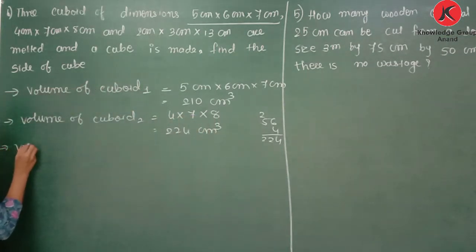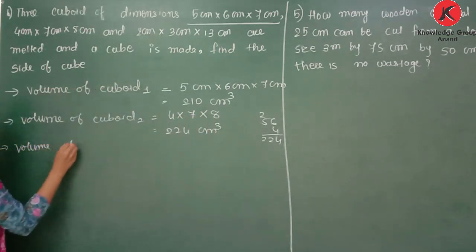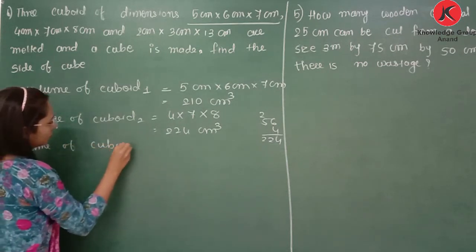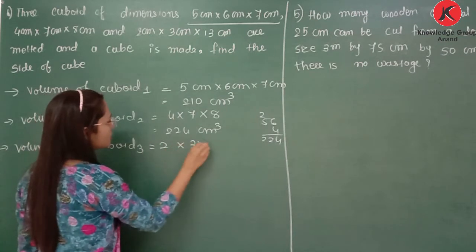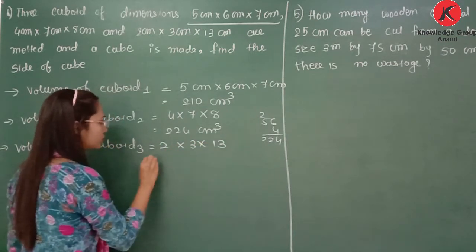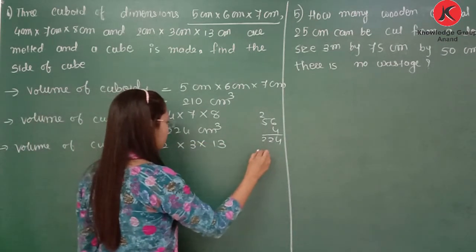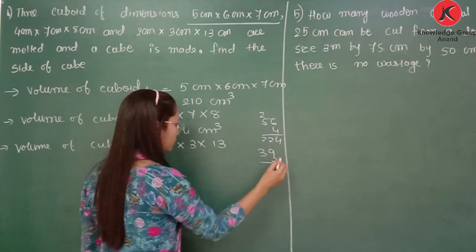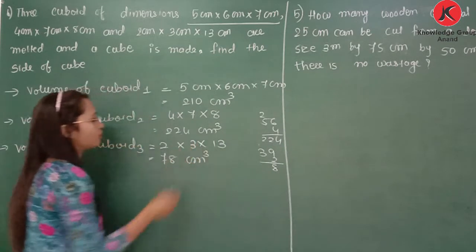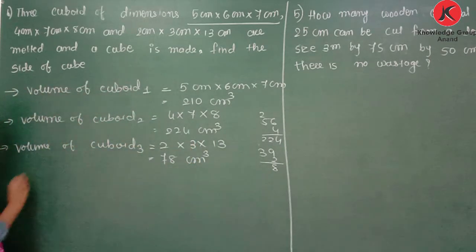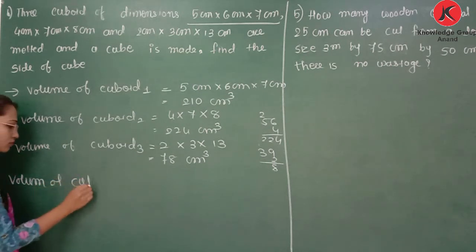Now volume of cuboid 3, that is 2 cm multiply 3 cm multiply 13. So it is 78 cm cube. Now volume of cube will be what?